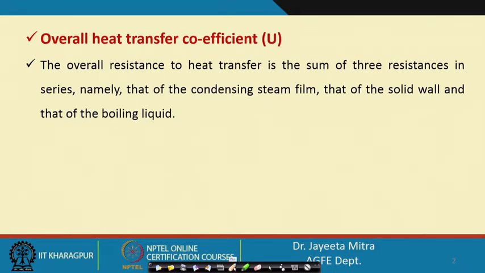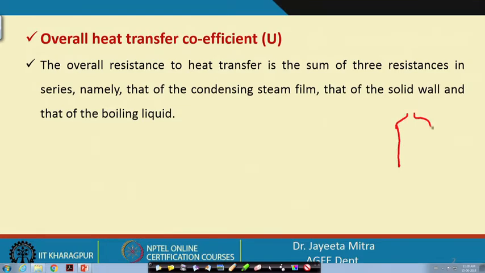Because in an evaporator, as we have seen from the very start of the discussion, if we take this kind of an evaporator where steam is coming and getting condensed, and feed is coming into the evaporator, there it is being boiled and the concentrate is coming out from the bottom, vapor is going out from the top.